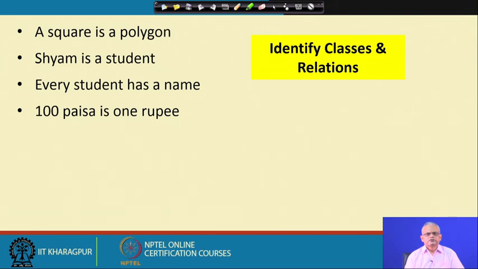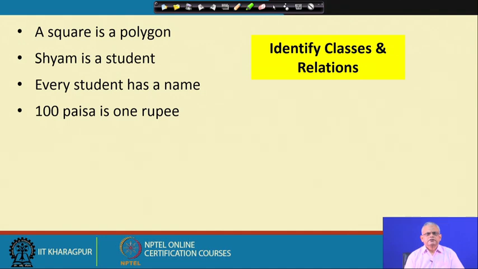100 paisa is 1 rupee. Here the two classes are rupee and paisa, and there is a composition relationship. 1 rupee is a composite class and it consists of 100 paisa.